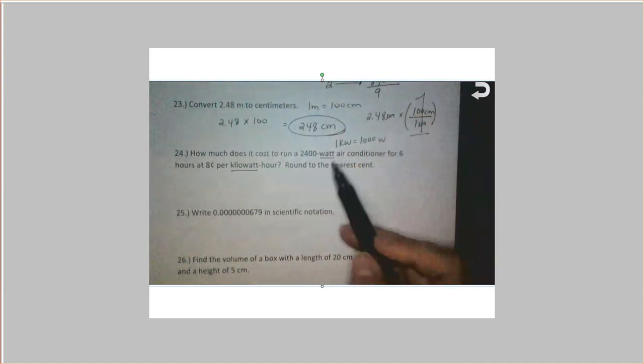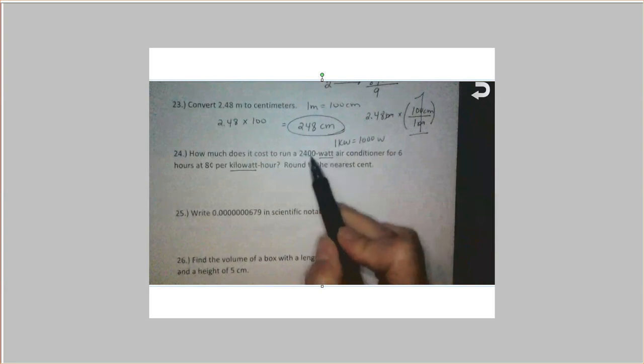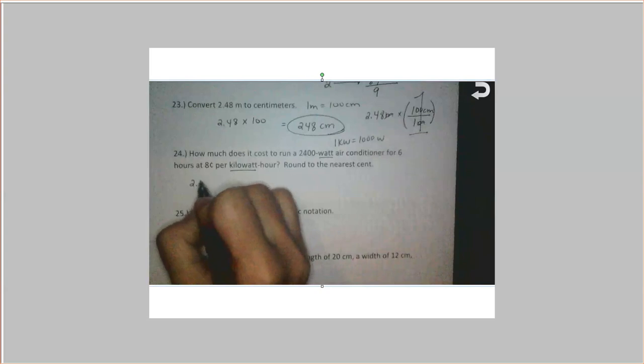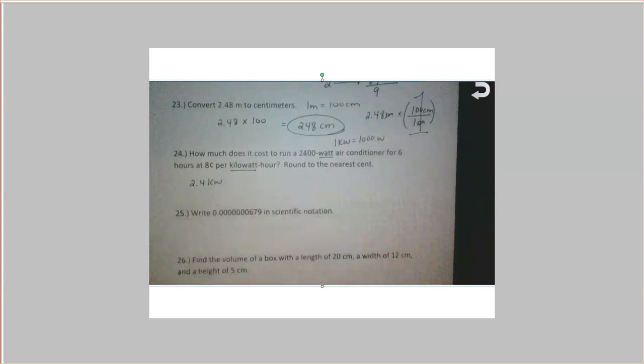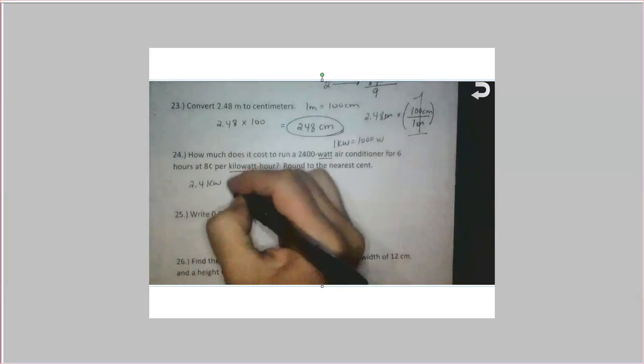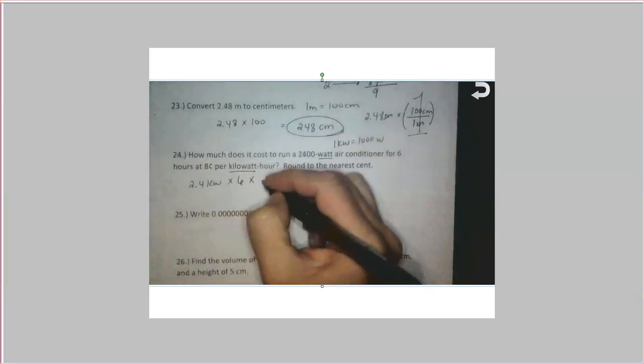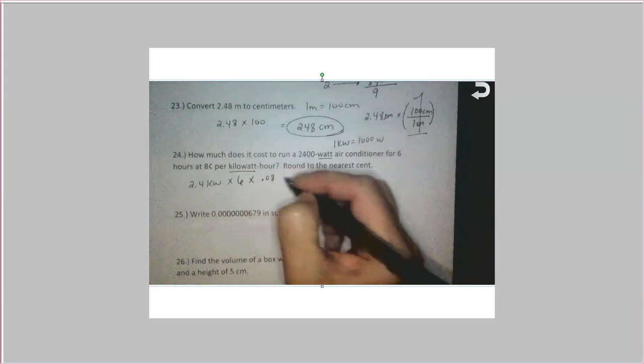So 1 kilowatt is 1,000 watts. So if I divide 2400 by 1,000, that will equal 2.4 kilowatts. And I'm running this for 6 hours. Okay, so I'm going to multiply by 6, and 8 cents per hour.